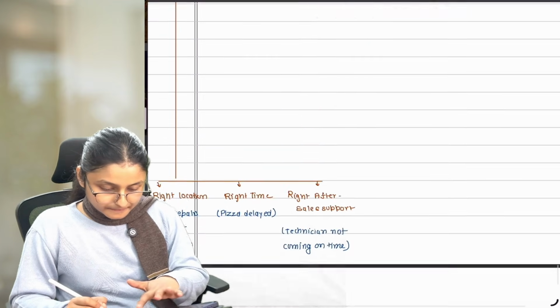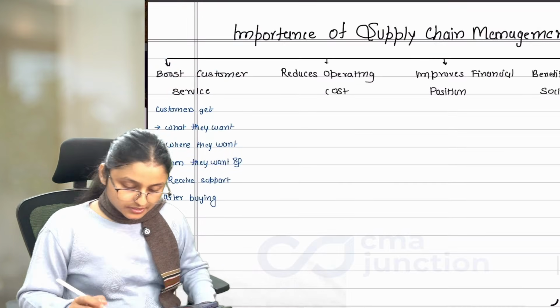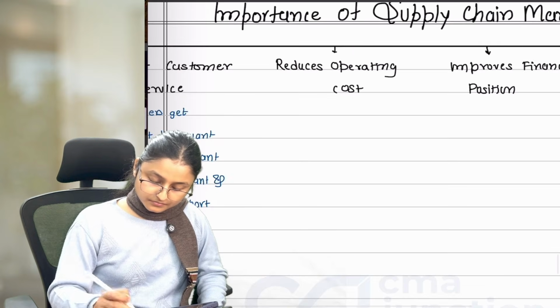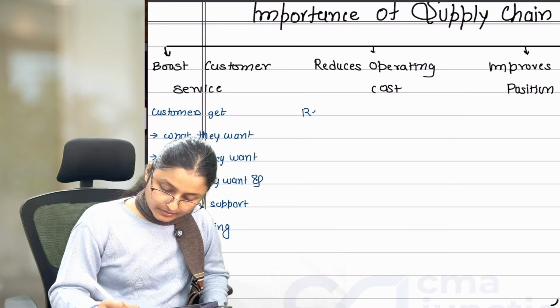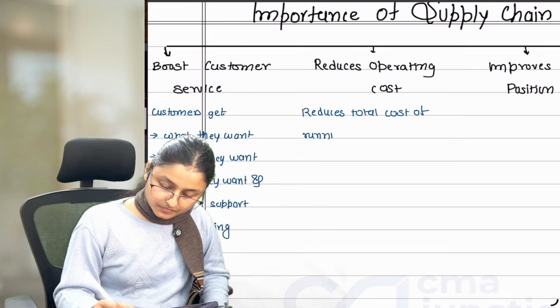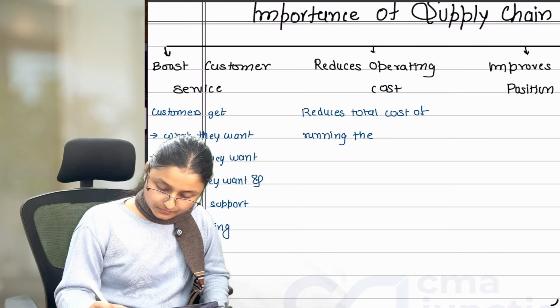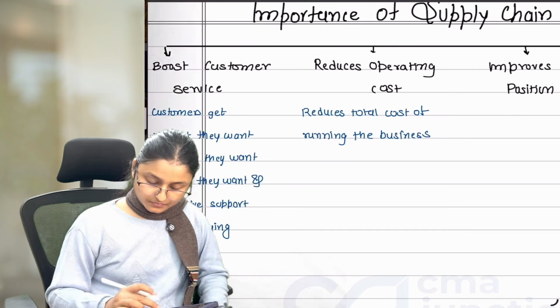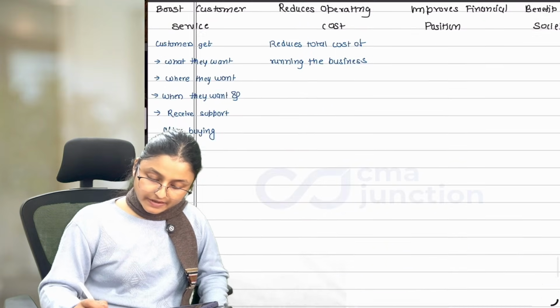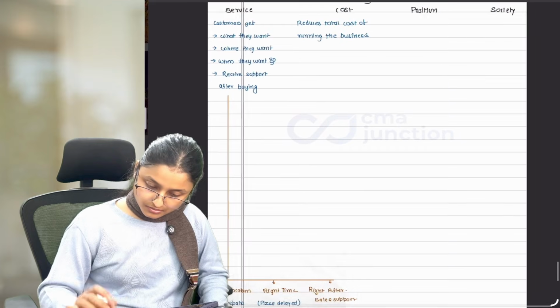Done. Next is reduces operating cost. Reduces total cost of running the business. This is also divided into three parts.